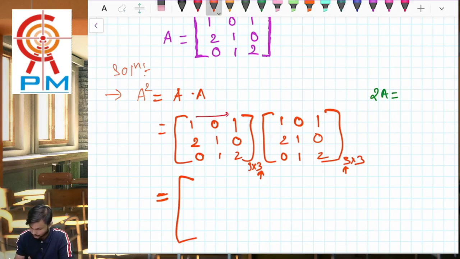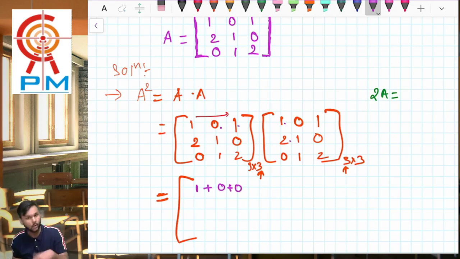Yes, let me take 3 different colors. Okay, 1 times 1 is 1. I would rather write quickly: 0 times 2 is 0, and 1 times 0 is 0. So you see how simple my calculation got. That's why I have introduced zeros a lot. At least 2-3 zeros are there. Then again 1 has been multiplied by 0, so it gives me 0.